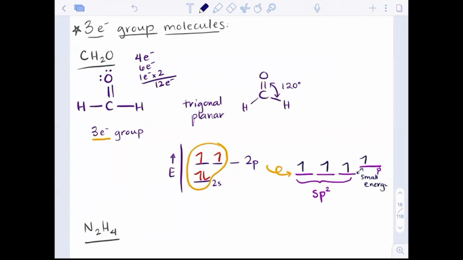We're going to see what's special about that leftover p orbital. So even though it looks like Hund's rule says we should go back and pair, no, we're still going to put 1 in each before we pair because the energy gap between the hybridized and the atomic orbital is very, very small.